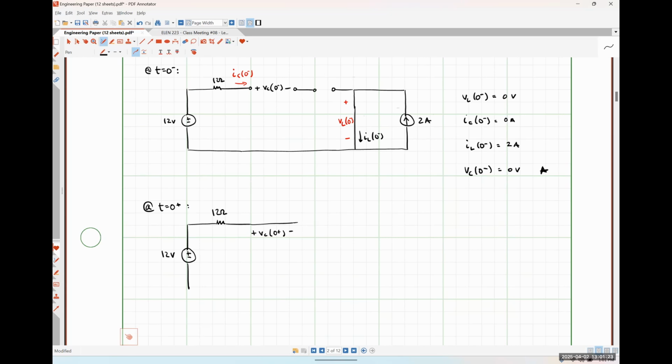My switch is closed. My inductor is going to look like a 2 amp current source direction down. My 2 amp current source is going to look like a 2 amp current source direction up.